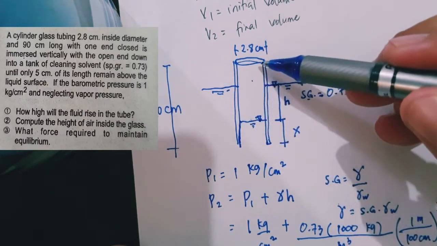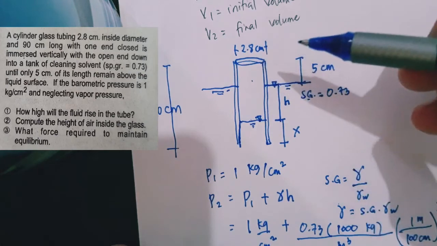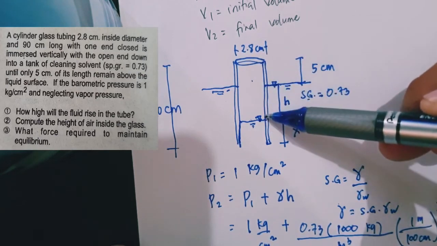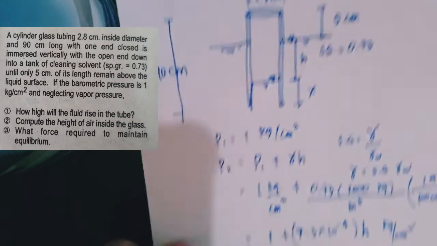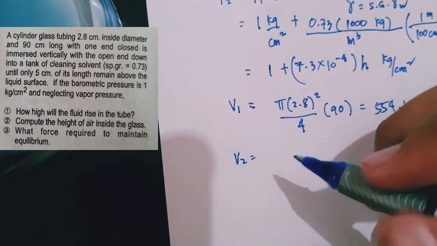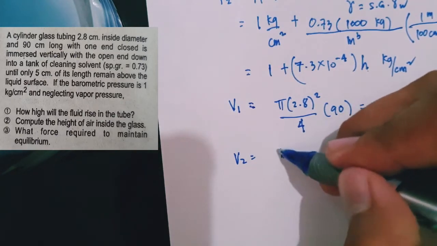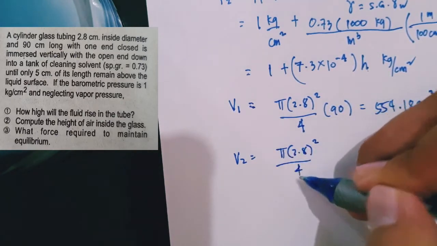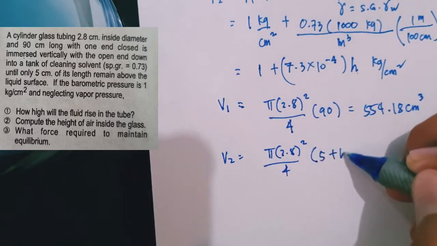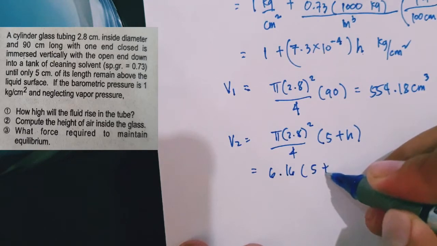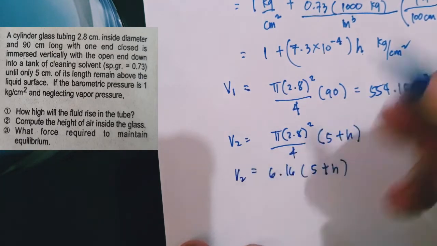So kanina lang volume, that is the volume inside the cylinder with a height of 5 plus H. Okay? So for V2, we have pi 2.8 squared over 4 times 5 plus h, or 6.165 plus h.